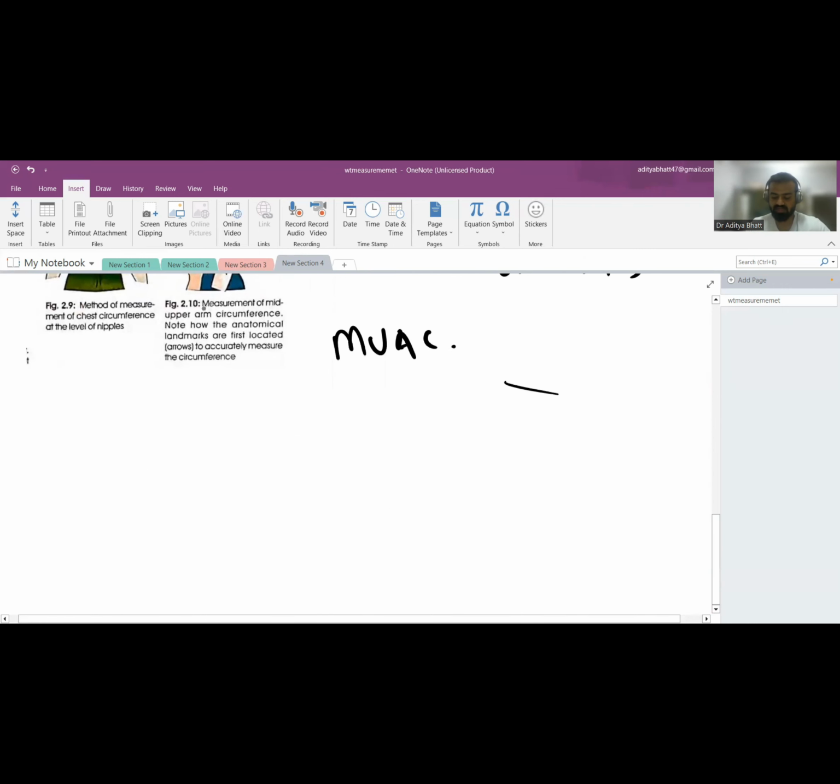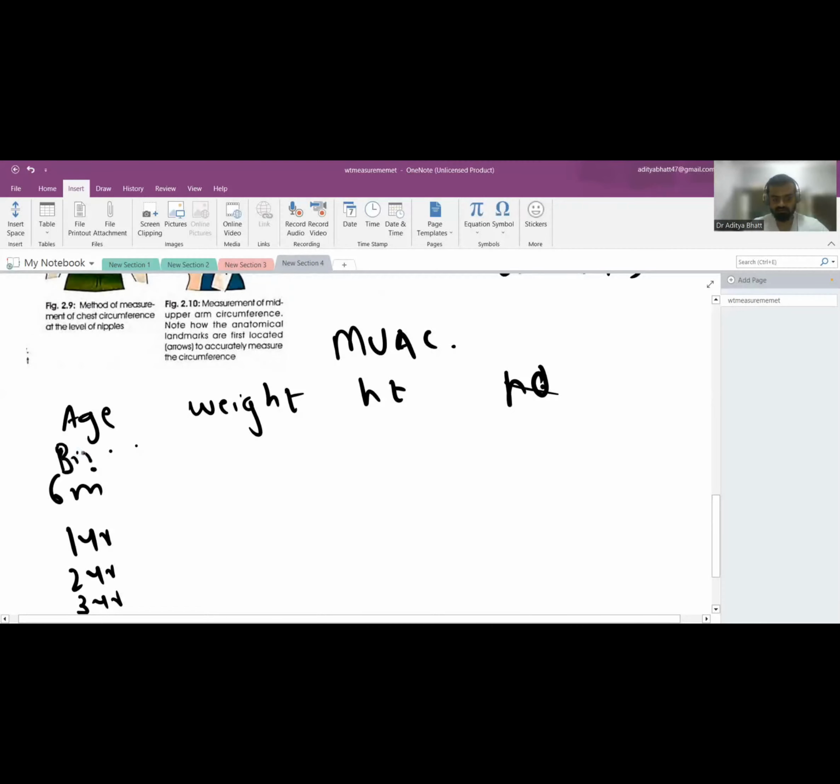Now, what are the anthropometric values? Some important MCQs I want you to remember: age, weight, height, and head circumference, at birth, 6 months, 1 year, 2 years, 3 years, and 4 years.